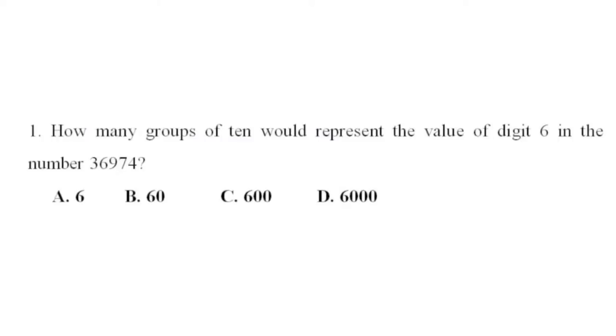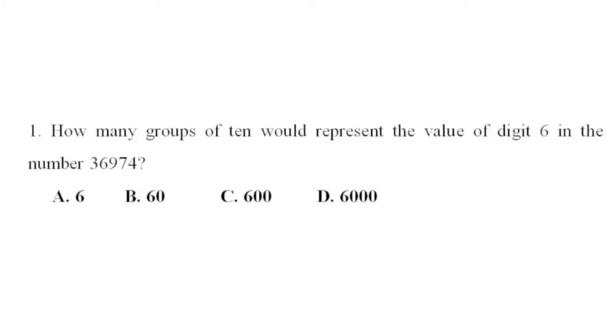So, question 1, how many groups of 10 would represent the value of digit 6 in the number 36,974?